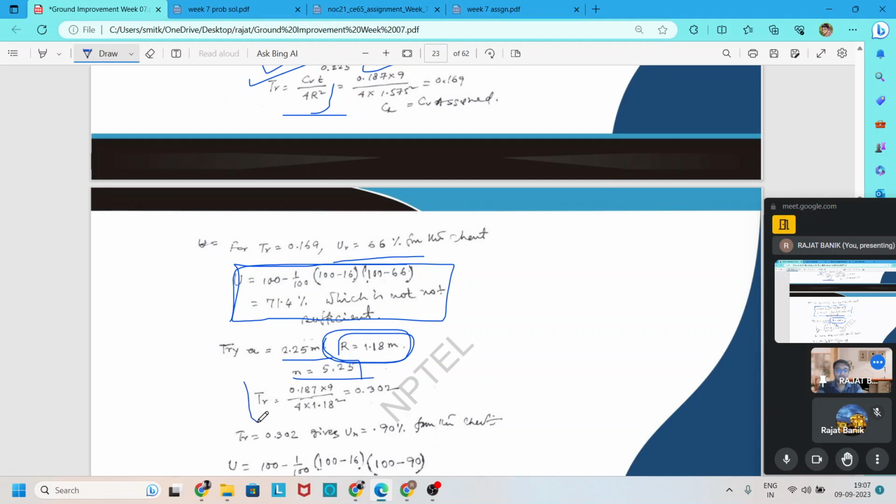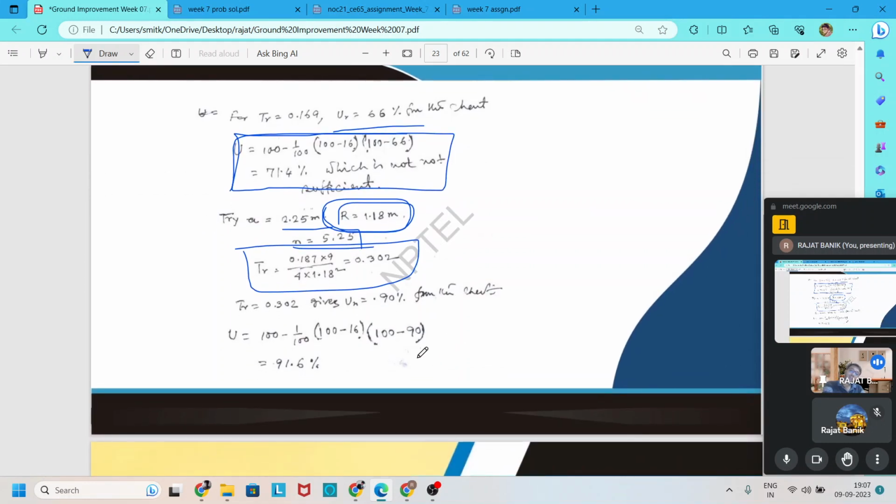After that, again we calculate the time factor for this radial consolidation, and from this chart again we find out the radial degree of consolidation, which comes to 90%, and then we find out the combined effect of the degree of consolidation for vertical drainage and for radial drainage, and we see that it comes to about 91.6%, which is more than our desired degree of consolidation. That means our construction is safe when we apply the spacing equal to 2.25 meter.